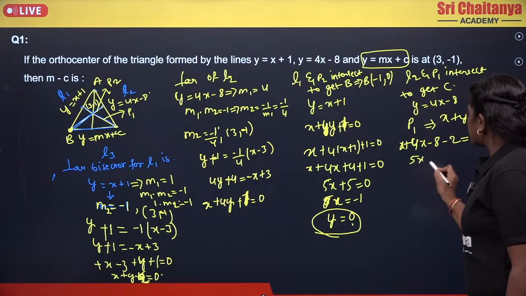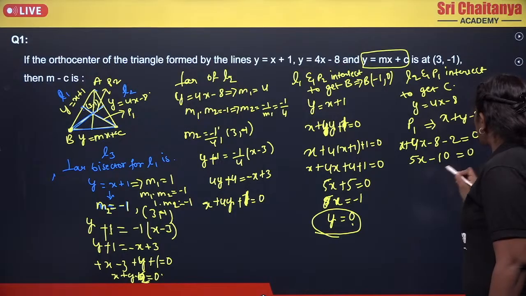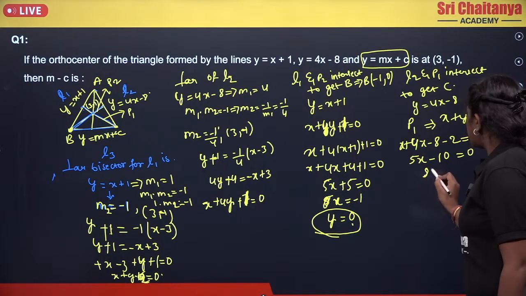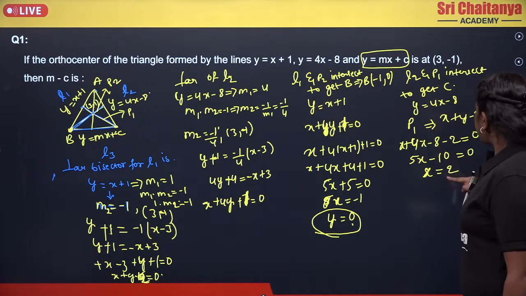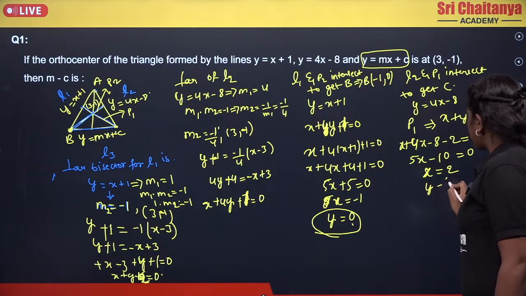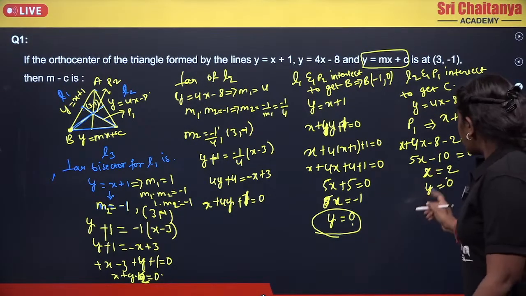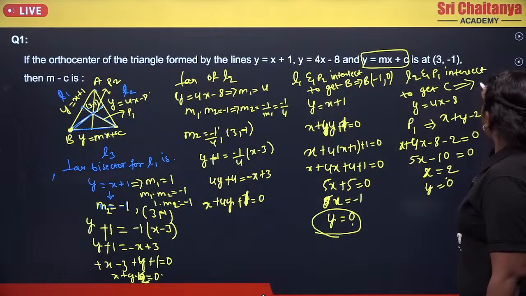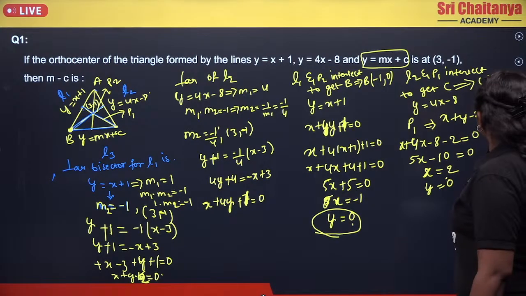Now 5x minus 10 equals 0, and from this x equals 2. If you put the x value in y, you will get y equals 0. So the coordinates of C are (2, 0).